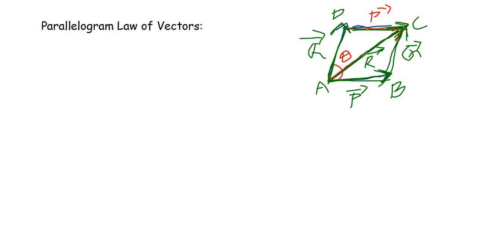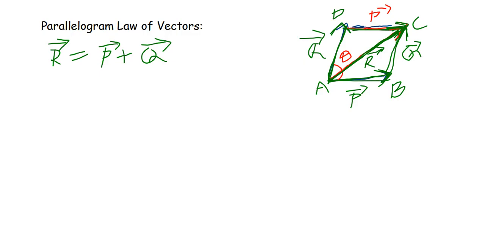If the angle between these two vectors is theta, then the diagonal passing through the origin of these two vectors represents the resultant vector. So resultant vector R bar is equal to P bar plus Q bar.